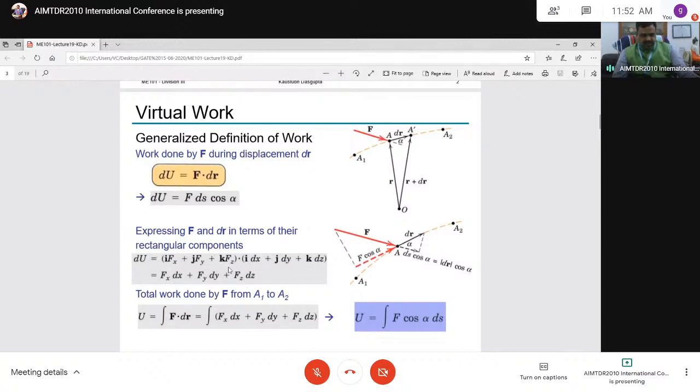From this you find the expression. In other words, F into dr, the resultant, is nothing but Fx dx, Fy dy, Fz dz. The generalized case is dx and ds, where ds is the surface displacement, which we represent with cos alpha.